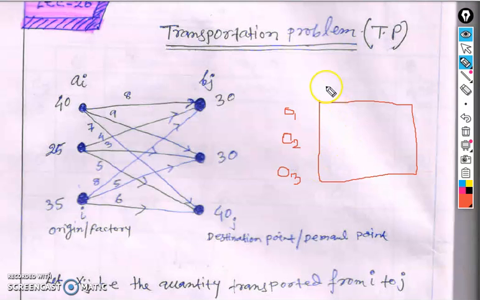The first destination point is named D1, this one is the second destination point, D2, and this one is the third destination point, D3.